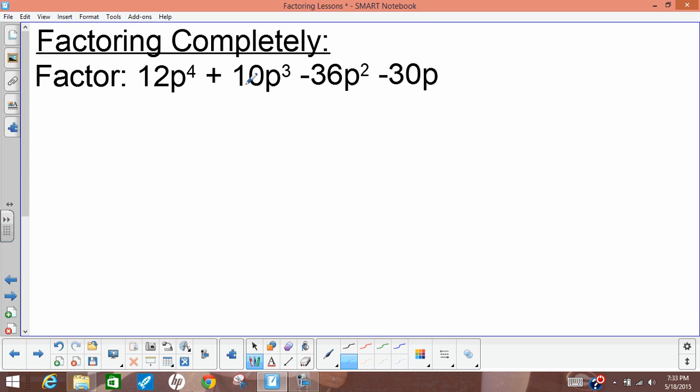And it looks like I can group 12p to the 4 with 36p squared. So I'm going to rewrite this. And here I can factor out 12p squared.